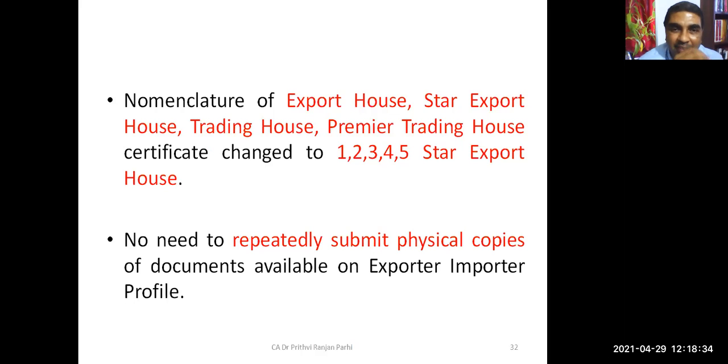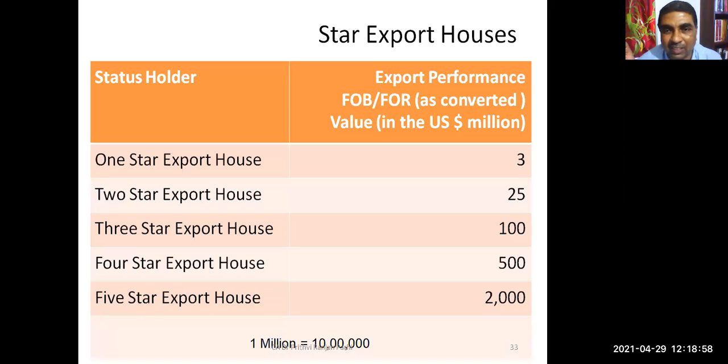And export houses are classified as 1, 2, 3, 4, 5-star export houses. This provision is there in this policy. The policy is designed so that to follow the procedures, one need not repeatedly submit physical copies of the documents. Online submission is possible, to encourage online submission of all this data. These are provided in the policy.